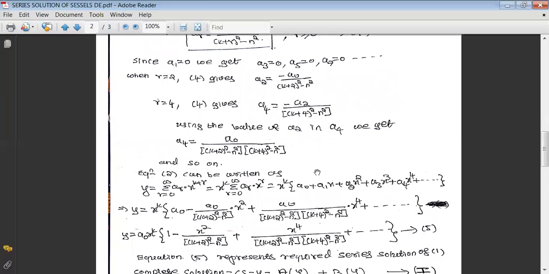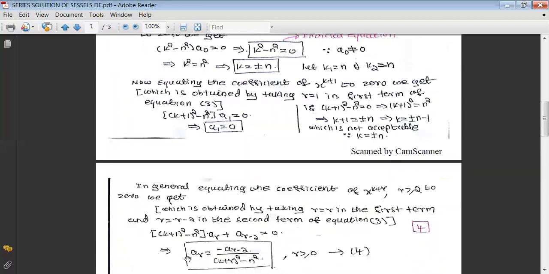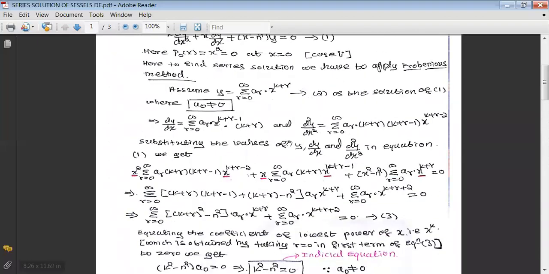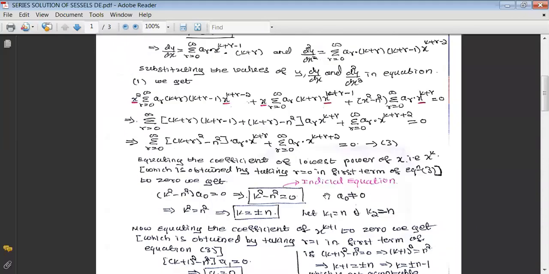Now, as we already discussed, finding the series solution means we have to identify the constants in the assumed solution and substitute them in the expanded form of the assumed solution. In this case, our assumed solution is given by equation 2, that is summation a_r x raised to k plus r, r varies from 0 to infinity.